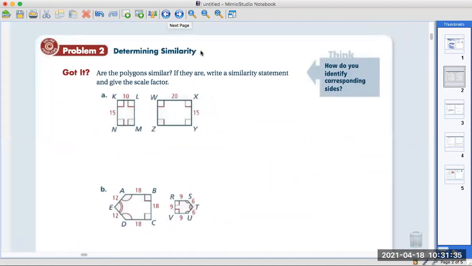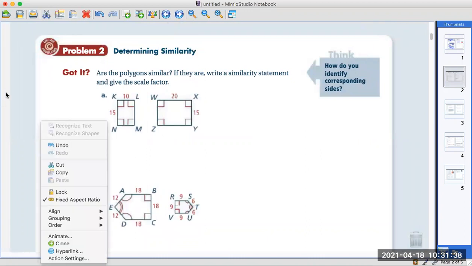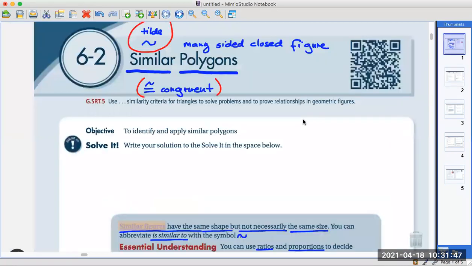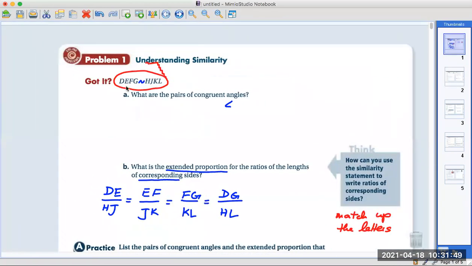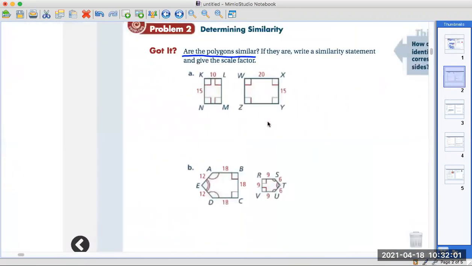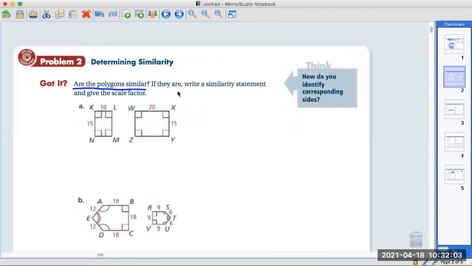Determining similarity. We're going to decide, see, they're not telling us the polygons are similar in this question, they're asking, are the polygons similar? If you look at the previous page, it was given that the polygons were similar. They already told us they're similar. Now they're saying, are they similar? If yes, write the similarity statement and give the scale factor.